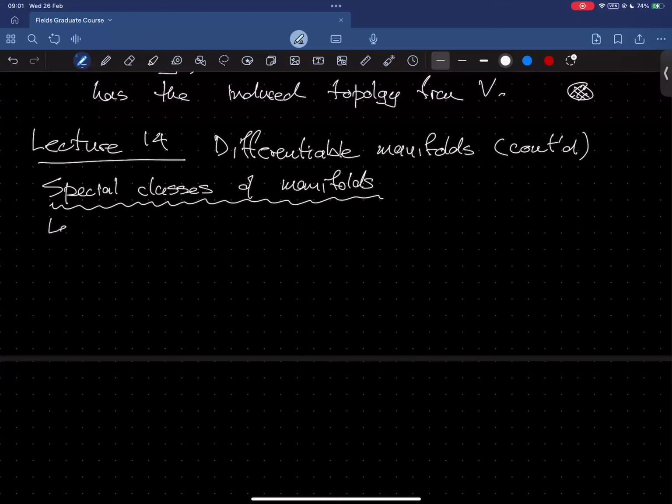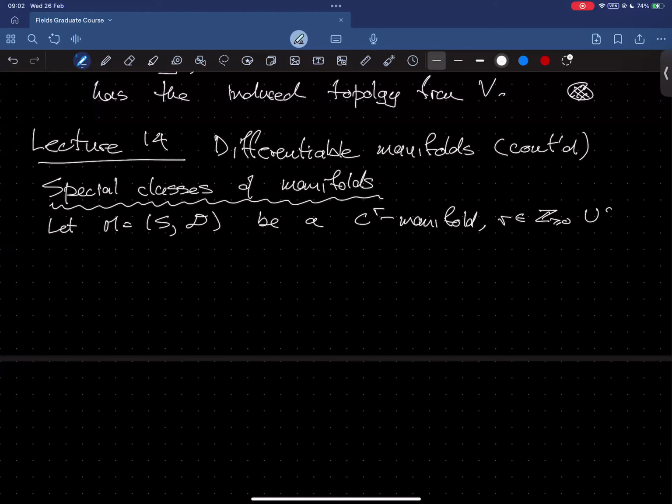Okay, so let M be a set with a differentiable structure, a C^r differentiable structure. Again, this is about where the charts take their values.